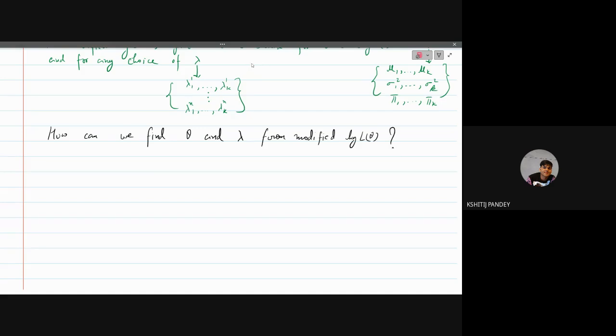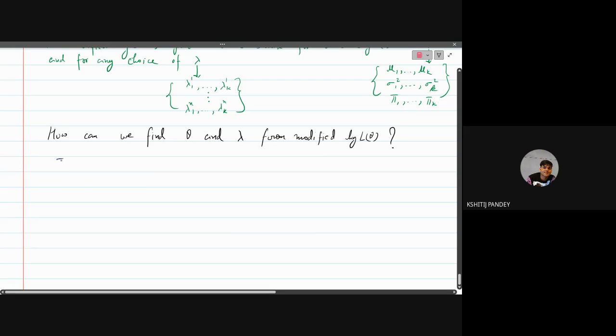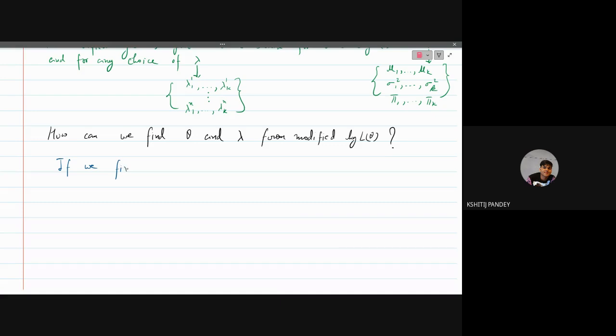The answer is, if we fix the value of lambda, we can easily find the value of theta, and if we fix the value of theta, we can find lambda. That's how we will approach this.